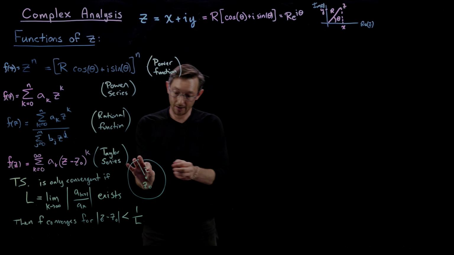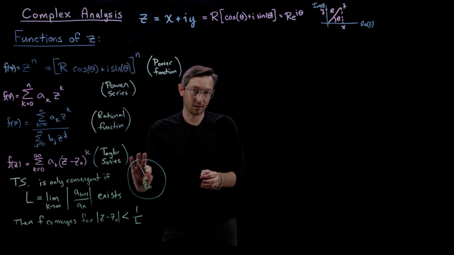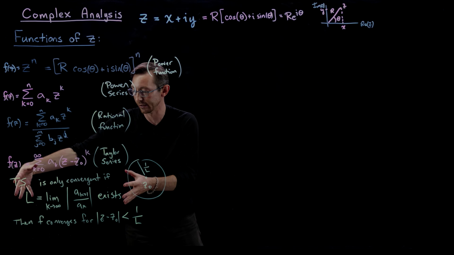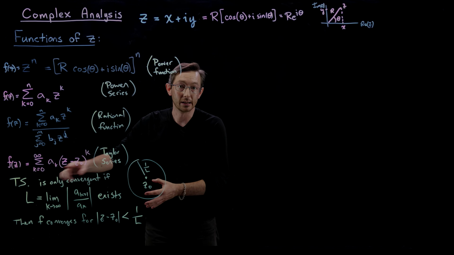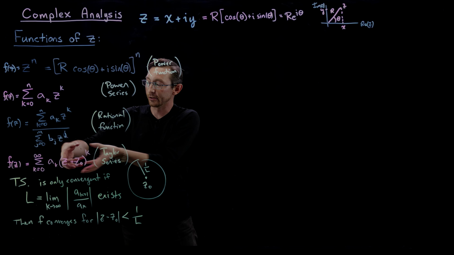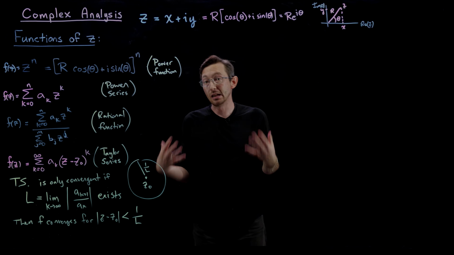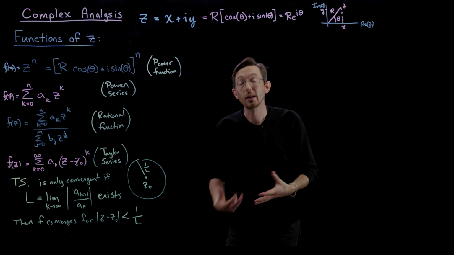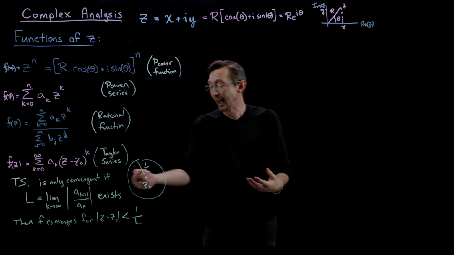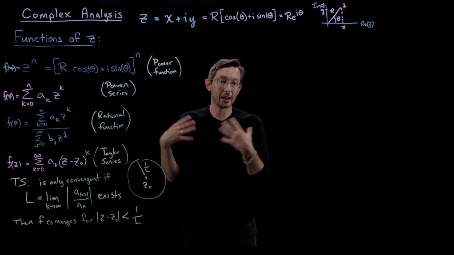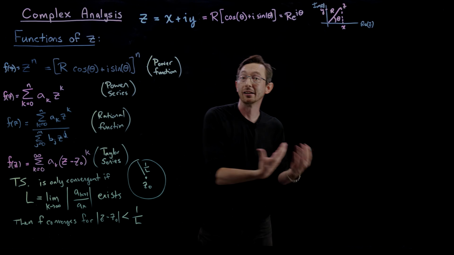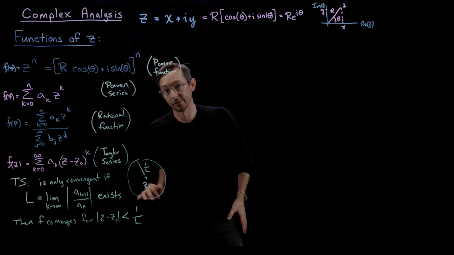So if I am within a radius of convergence where this property is true, then this Taylor series converges anywhere within that radius. And again, what that means is that my function is smooth, continuously differentiable. I can take derivatives of this function, and it's a so-called nice analytic function in that radius of convergence.